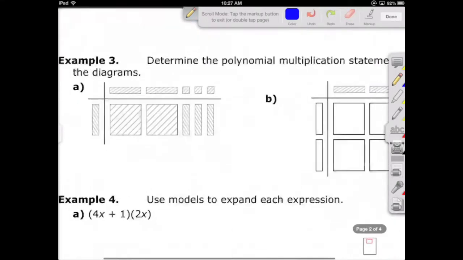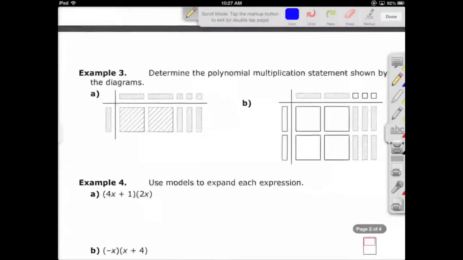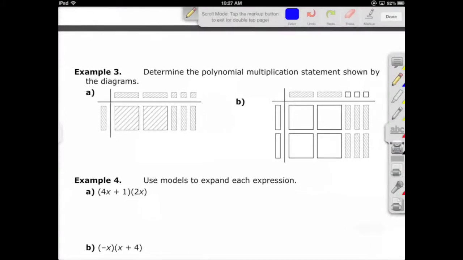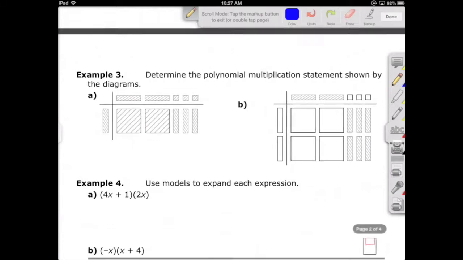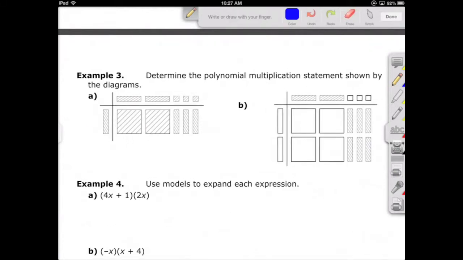All positive. Now, not meaning to bounce around, what multiplication statement do you see here? Well, you have to identify what your sides are. So let's say that we identify our length and our width.